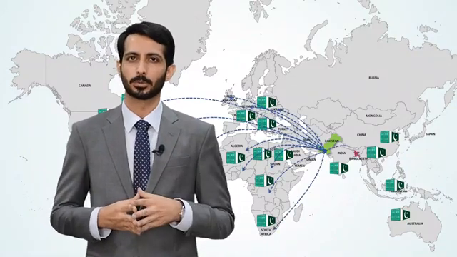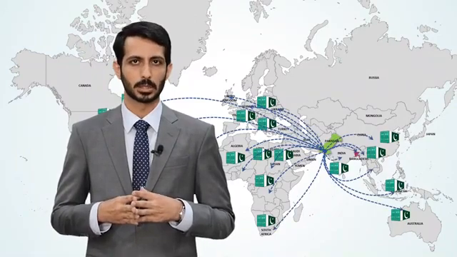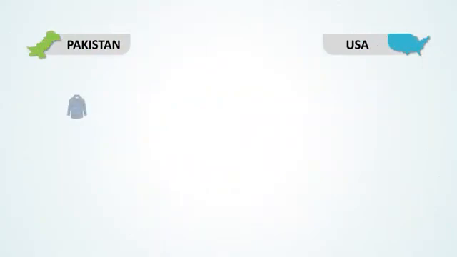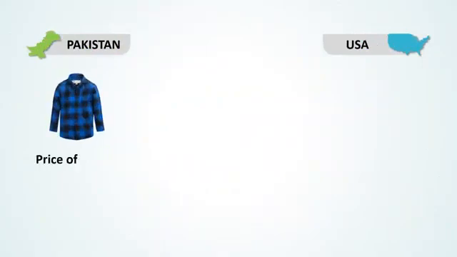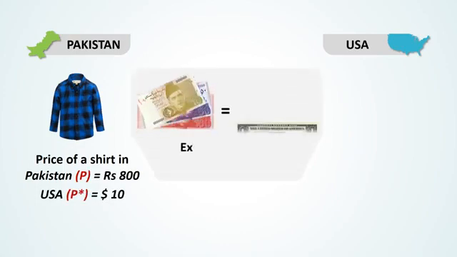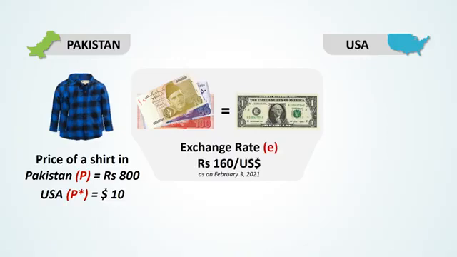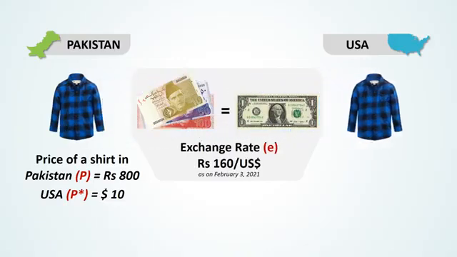Before I talk further about the REER, let me first explain what a real exchange rate really is. It is defined as the number of units of foreign goods which can be exchanged with 1 unit of domestic goods. Let's suppose that the price of 1 unit of domestic good is Rs 800 and for a similar foreign good, it is $10. To know how many units of foreign good 1 unit of domestic good can purchase, first we need to convert the foreign price into the domestic currency.